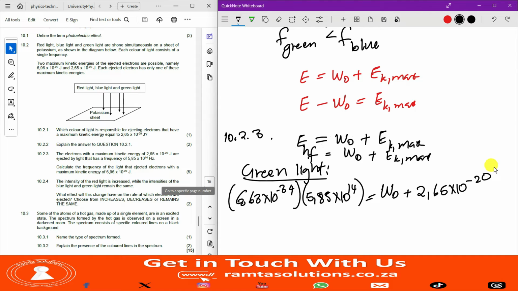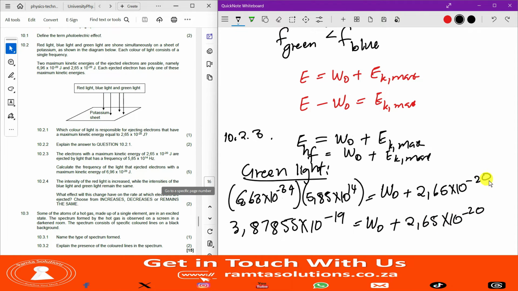So let's see. 6,63 times 10 to the negative 34 multiplied by 5,85 times 10 to the 14, right? So if you like, you can say this is 3,87855 times 10 to the negative 19 equals work function plus 2,65 times 10 to the negative 20.